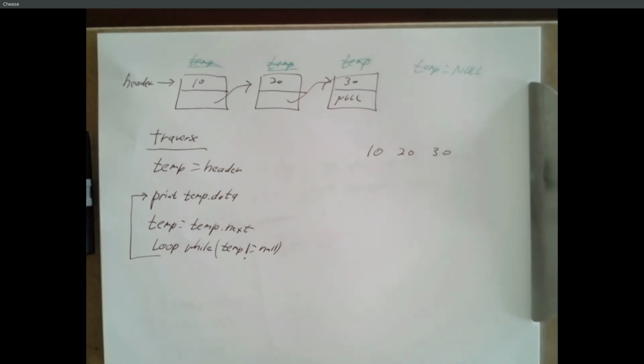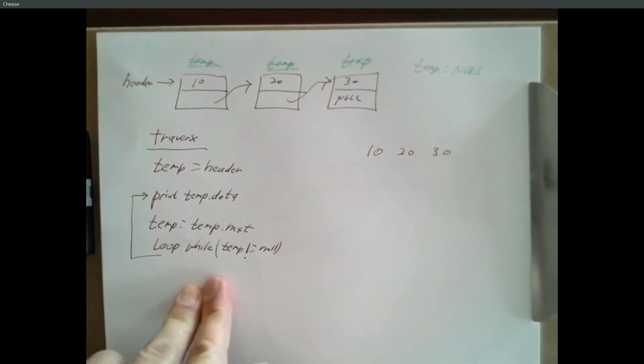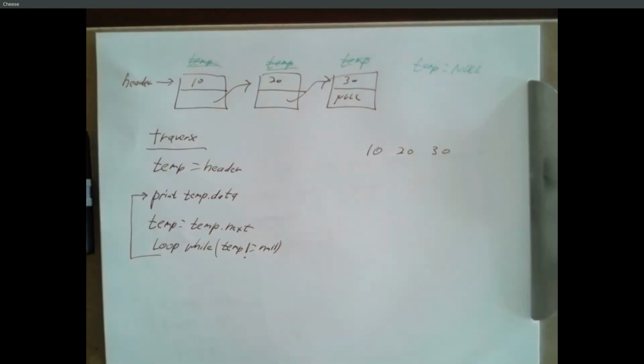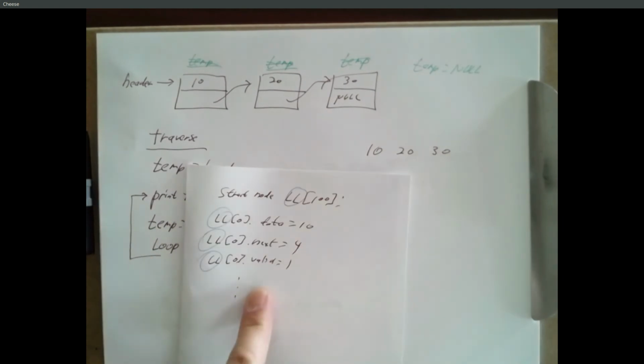So that's a traverse routine, and it's a really good first routine to write. Because as you're writing the other pieces of your linked list package, for inserting, for deleting, and so forth, if you have a function that you know will show you what's in the list, you can use that to help debug. So you can say, okay, I created this manually by doing a bunch of assignment statements.